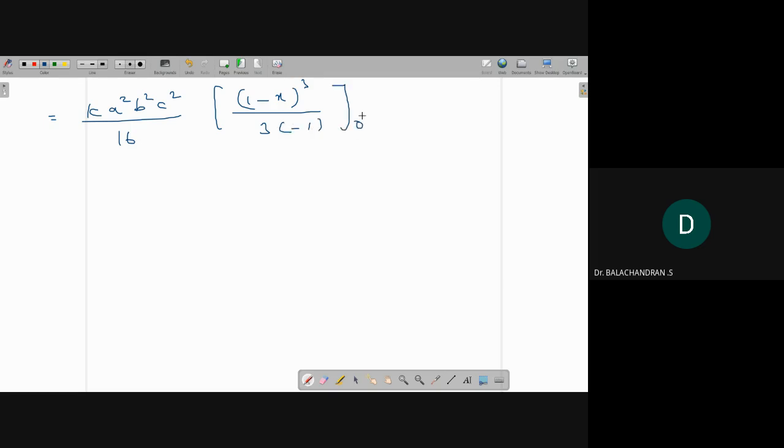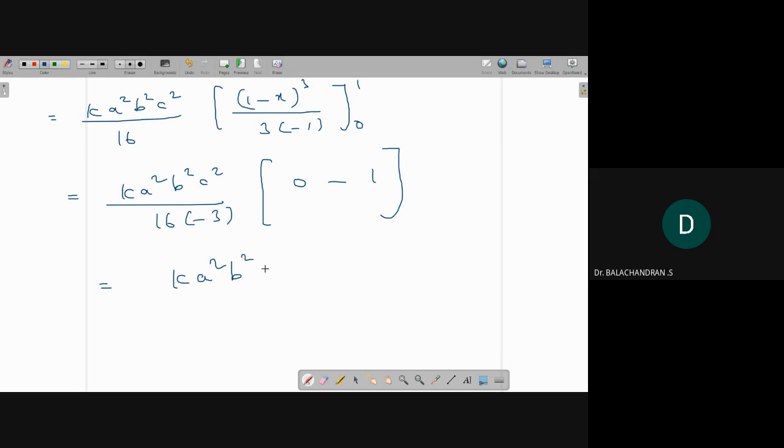The limit is from 0 to 1. So this is k a square b square c square by 16 into minus 3. Upper limit is 1 minus 1, 0. Lower limit is 1. The final answer is k a square b square c square by 48. So this is the final answer.